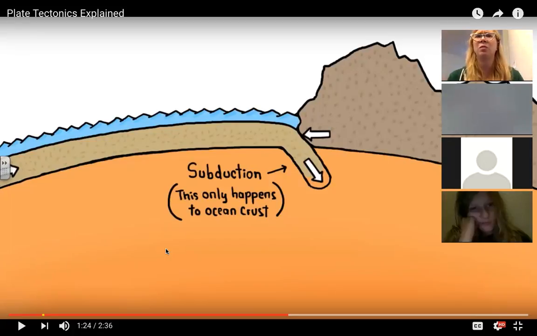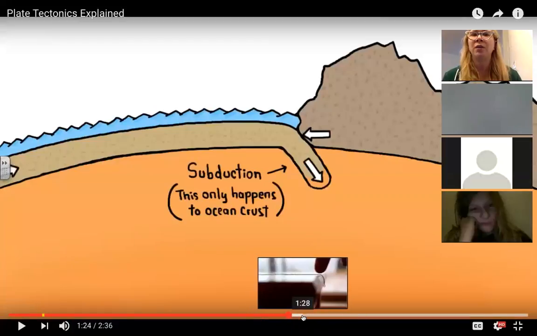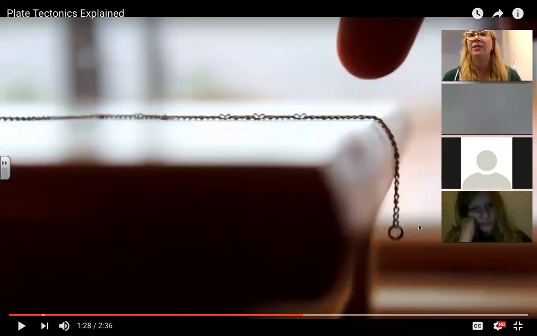But then the rest of them were like, wait, this plate's going underneath, right? It's being pulled into the Earth's mantle. And like he showed with the jewelry thing, if you've ever had this happen to you where you have a chain, it starts to pull itself and go faster and faster and faster. So scientists have observed that happening with the plates.